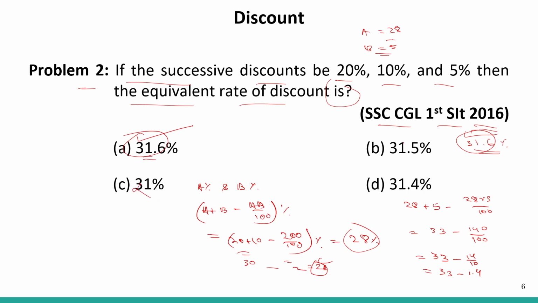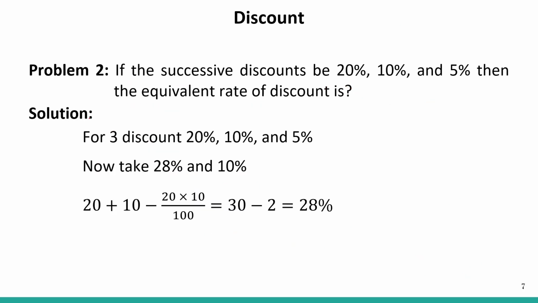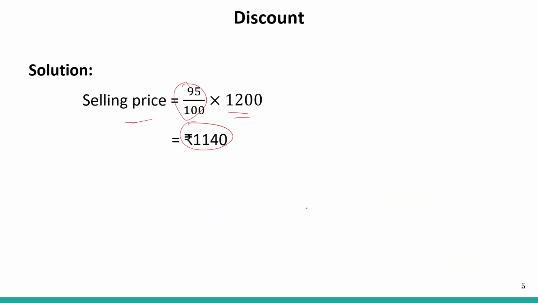So options B, C and D are all wrong. This question appeared in the SSC CGL first sitting of 2016 paper. Let's go forward with the step-by-step solution. For the 3 discounts, that is 20%, 10% and 5%, first take 20% and 10%. So 20 plus 10 minus 20 into 10 by 100 is 30 minus 2, which is equal to 28%, as we have already seen.